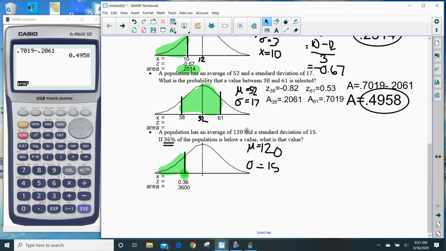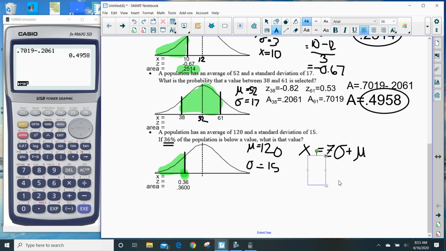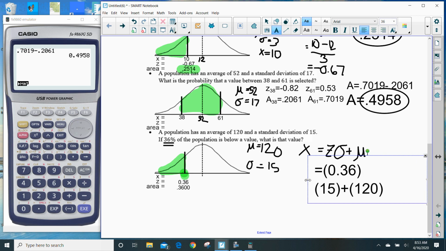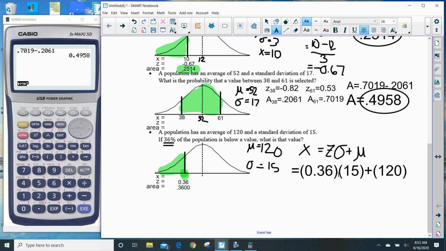All right, and then back to the question itself, and that is, what is the X? So X is equal to Z sigma plus mu. All right, so on to the numbers. I hate it when my equal signs don't align.